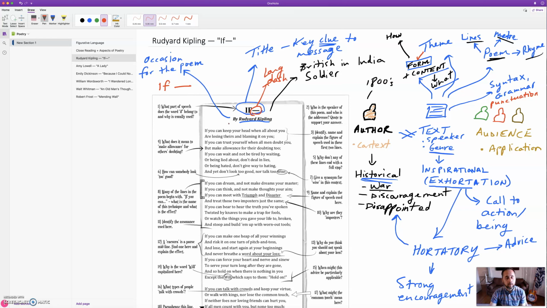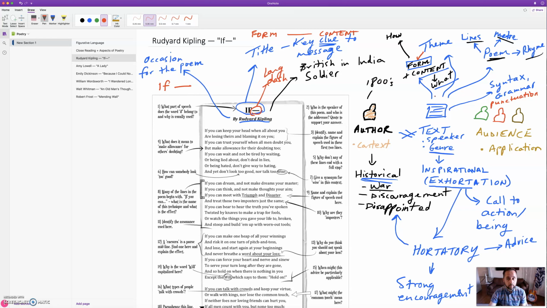Okay. That's going to be really important, actually. You don't realize it yet, but as we get into the poem, this is going to be a key part of the message. And that's when we're going back to what we talked about in the other video, the relationship between form and content.